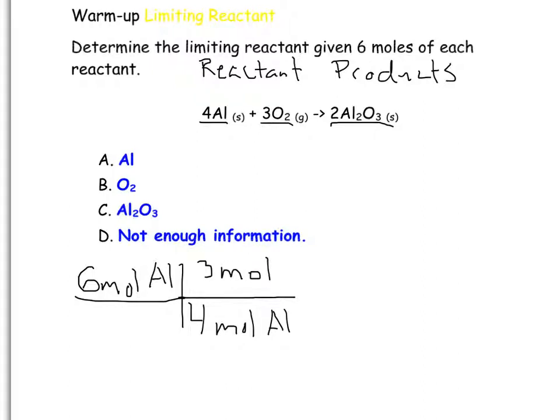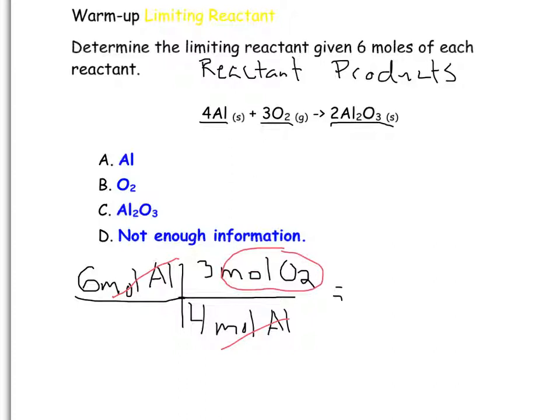And keep in mind, when you solve from one reactant to another, what that is doing is telling you, alright, if I use up all 6 moles of aluminum that I have available, how many moles of oxygen would I need? So as always, we go through, cancel out our units, and we are left in terms of moles of oxygen.